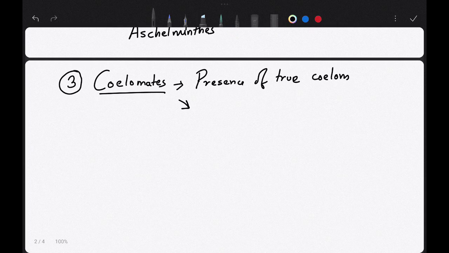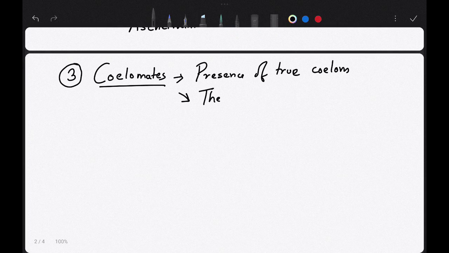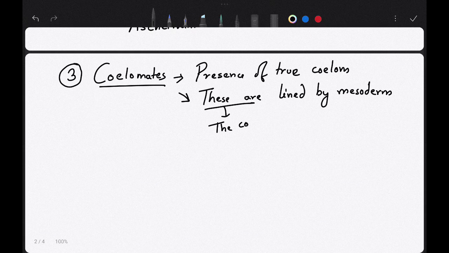Now these are lined by mesoderm. The coelom is lined by mesoderm. These are true coelomates.